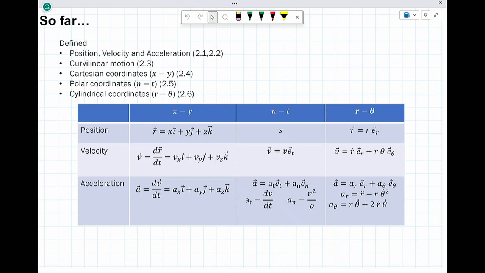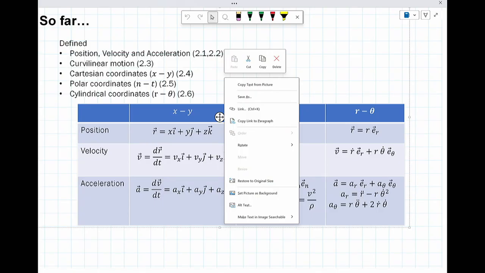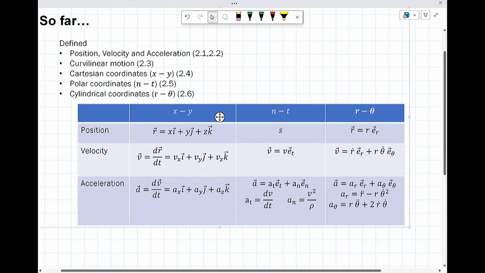Both of these are component parts, and it comes from the complexity introduced with this coordinate system, by the fact that we have derivatives on these unit vectors.